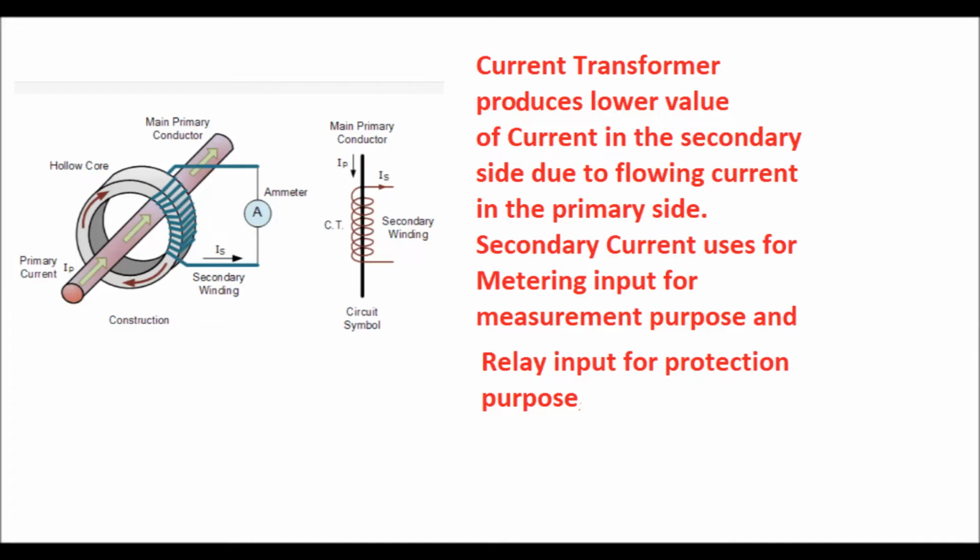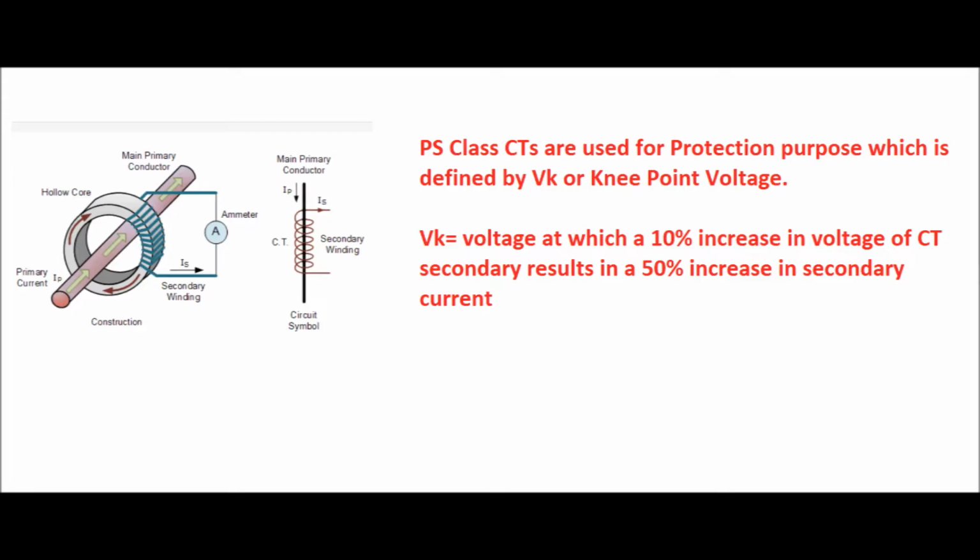When the CT secondary is connected to the relay, the relay senses the current magnitude depending upon the fault condition and decides whether it is a faulty condition or not based on the setting given to it, and it sends a trip signal to the circuit breaker to isolate the faulty system. So our main concern is CT saturation and its impact on the protection system.